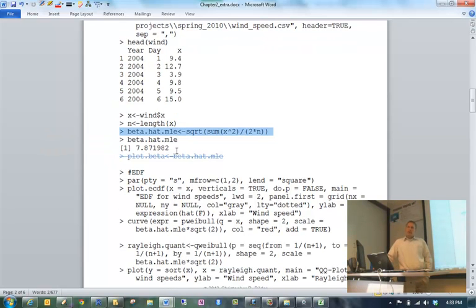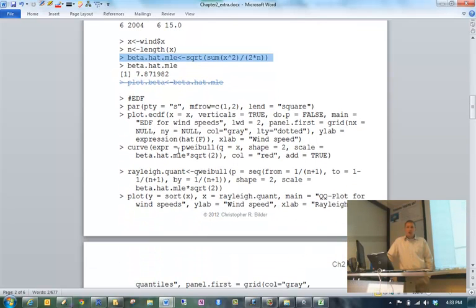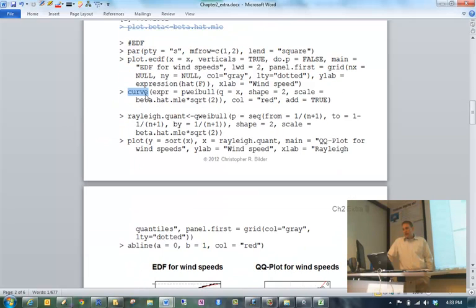So just like what we did in the last example, you want to determine, well, I have some real data here. Is a Rayleigh distribution appropriate? So I do an EDF. I do a QQ plot as well. I'll talk more about QQ plots in a little bit. But for the EDF, for my curve function, what am I going to do?